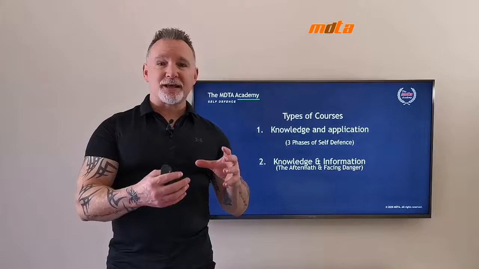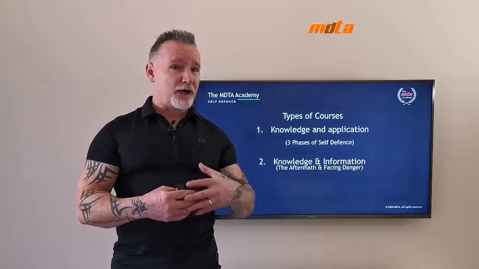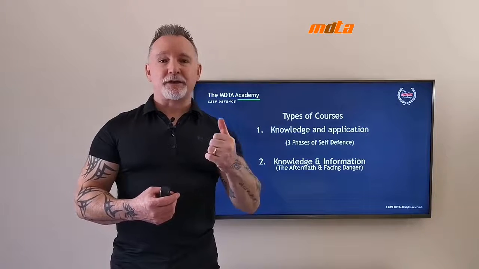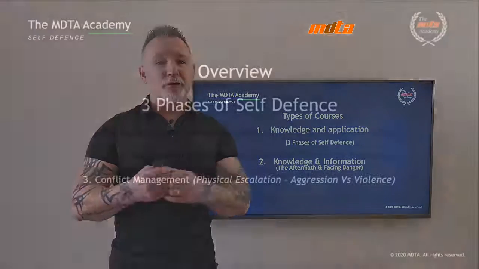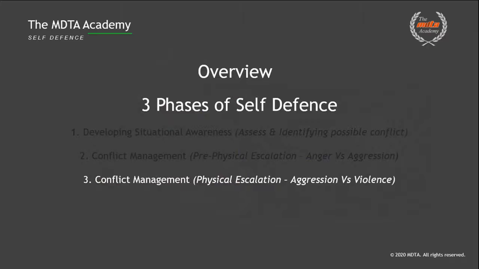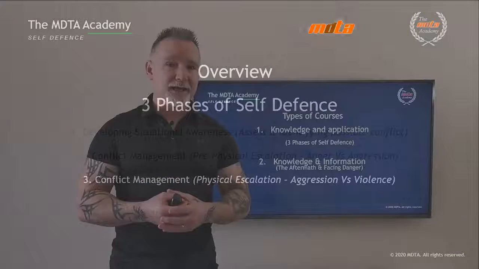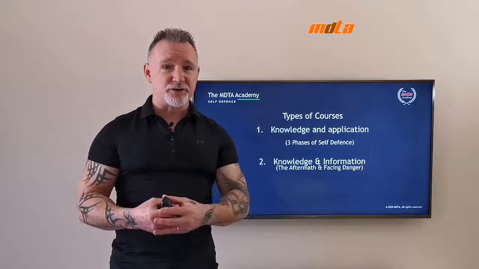In other words, dealing with somebody who is getting angry and possibly aggressive, how we can de-escalate and negotiate through good conflict management skills. And then the 3rd phase is what we call the physical escalation of conflict management. In other words, the physical skills to defend yourself.